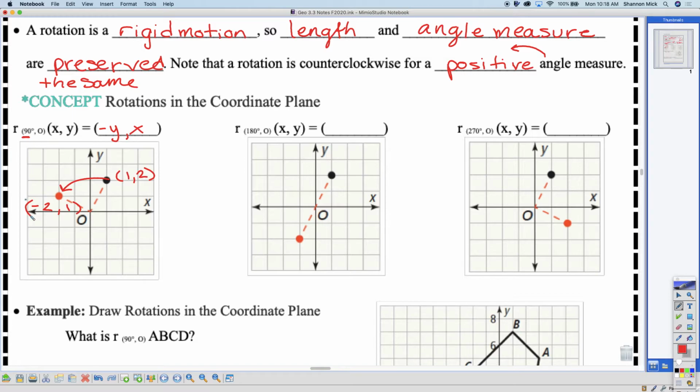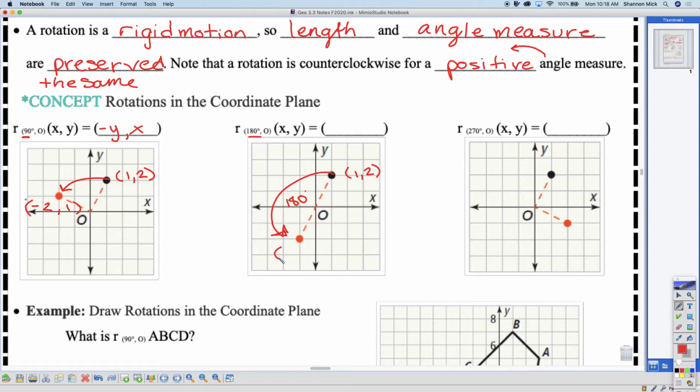Okay, so now 180 degrees. Now let's see if we can figure out our rule. So we're going to go here to here, so draw your arrow. I would put 180 on here if you could get it in there. So I started at what? 1, 2 again. And where did I end?